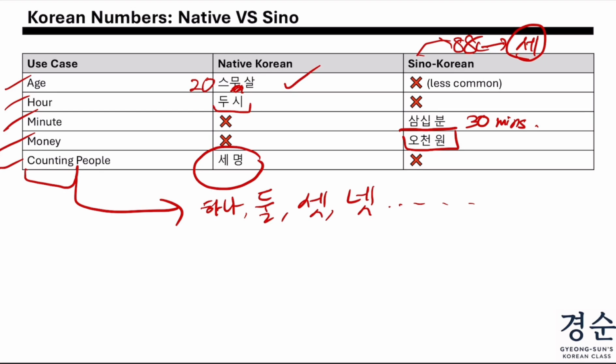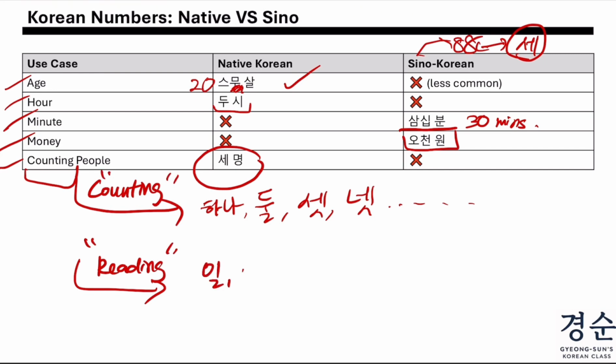But when you are reading, okay, so let me summarize. Counting, native Korean numbers. But when you are reading some numbers generally, you use Sino numbers. 1, 2, 3, 4, 5.